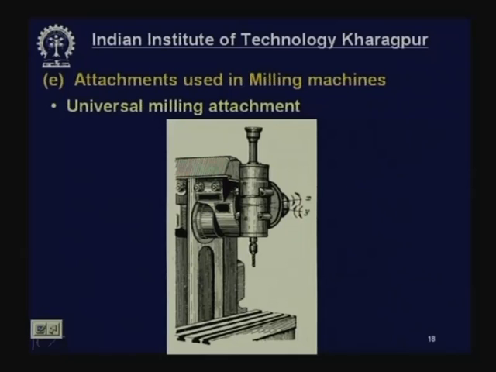In horizontal arbor type milling machines, on the arbor we mount different types of cutting tools, like slab milling cutter, shell mill cutter, plain milling cutter, helical fluted or straight fluted, then side milling cutters, double side cutters, form cutters, gear forming cutters, slitting cutters, slot cutters and what not.